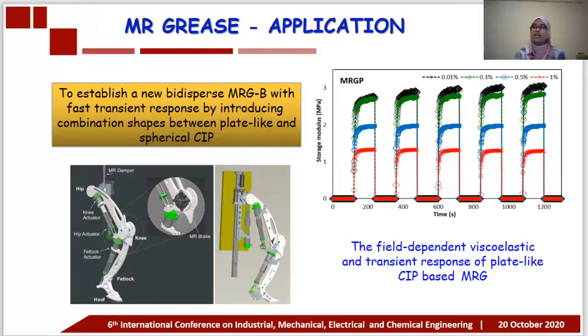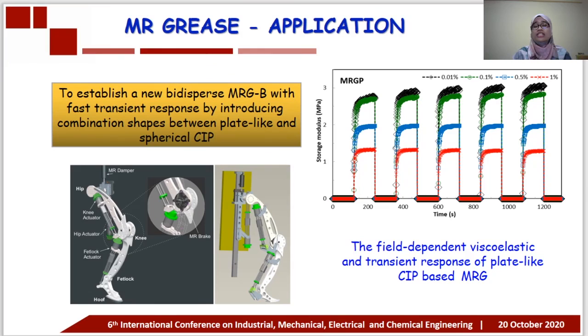However, the higher viscosity of MRG also causes a slower response of this MR material towards the alteration of magnetic field, unlike MRF that can respond faster, in 1 to 10 milliseconds.